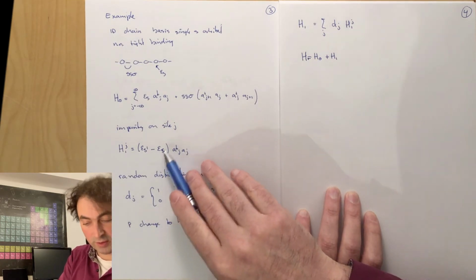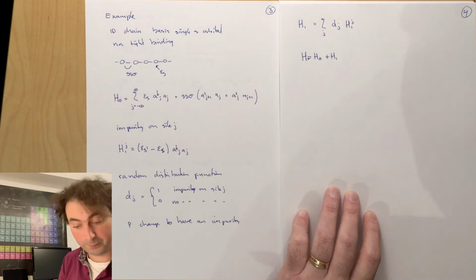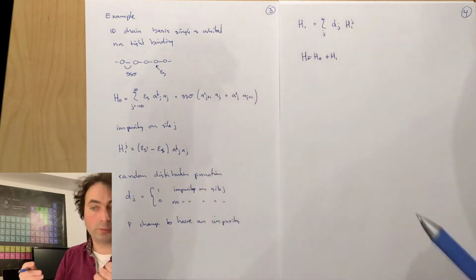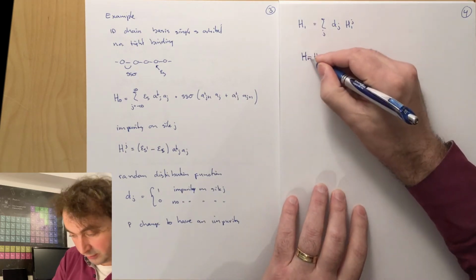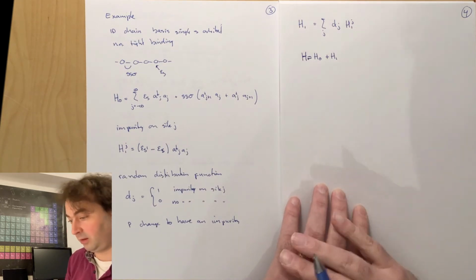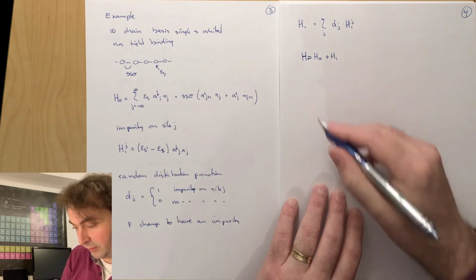So minus the on-site energy of the host plus the on-site energy of the impurity. And of course, instead of doing this with impurities, you could also do this with hopping to the neighbors. There's not much changing in the way you do the method. At some point, the math will become more involved.